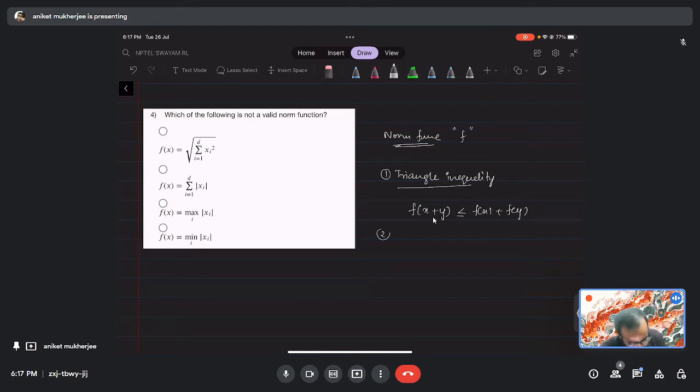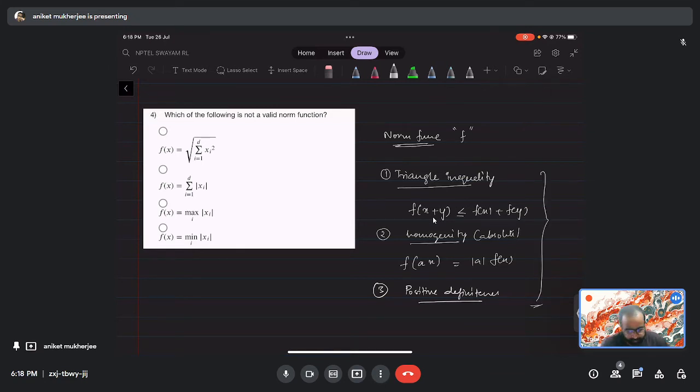The next is homogeneity: f of ax should be equal to modulus of a times f of x. This is called absolute homogeneity. The third one is positive definiteness, and it is 0 only when the entire element is 0. If a function satisfies these three properties, then we call it a norm.